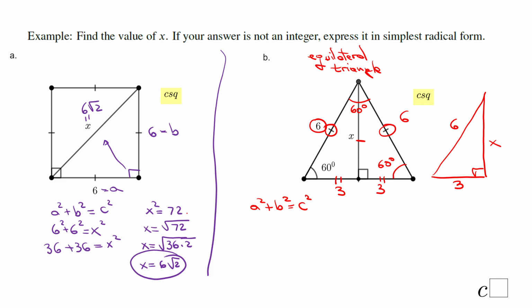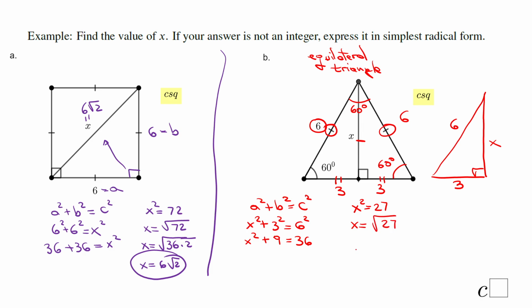Be careful, now x is one of the legs, so we have x squared plus 3 squared equals 6 squared. So we're going to have x squared plus 9 equals 36. I'm going to subtract 9. X squared will be 36 minus 9. That will be 27. And I'm going to take the square root of 27.